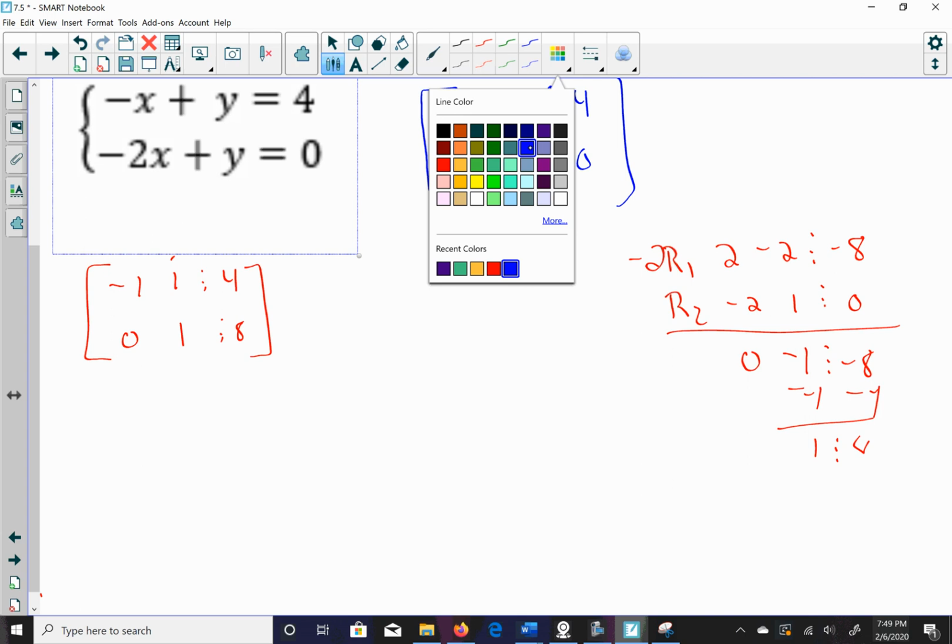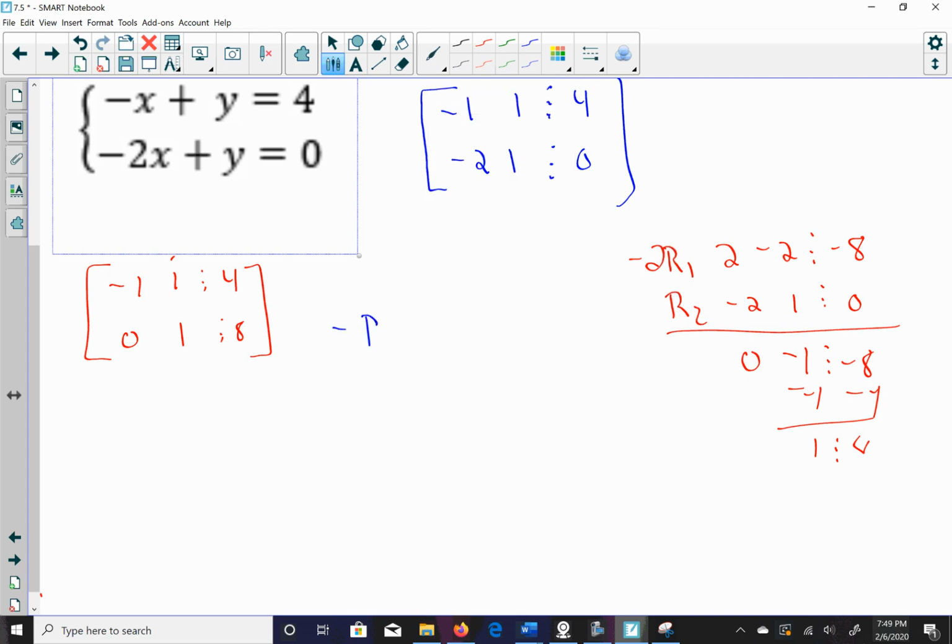So let's say I multiply row 1 by negative 1, so I'm going to have negative r1, so that would be 1, negative 1, 4, and I'm going to add row 2, which is 0, 1, and 8. Add those and I get 1, 0, and this is negative 4, 4.